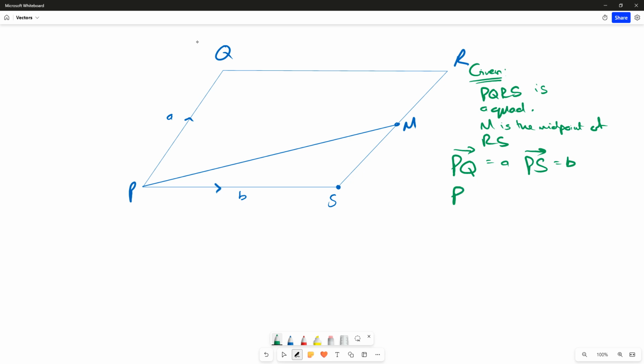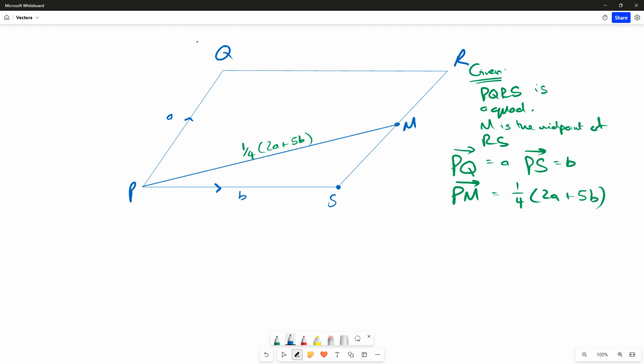And they're also telling us that PM is a quarter of 2A plus 5B. So if we double this vector and we double that vector and we add it up and we quarter it, that's going to be PM. So they're saying this is a quarter of 2A plus 5B. Okay. Now, find an expression in terms of A and B for SM is the first question.